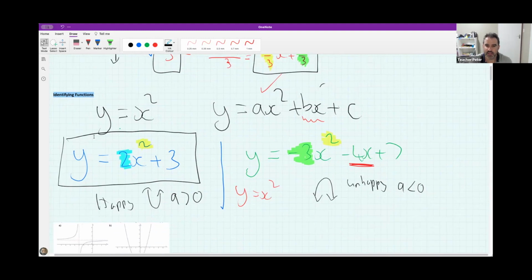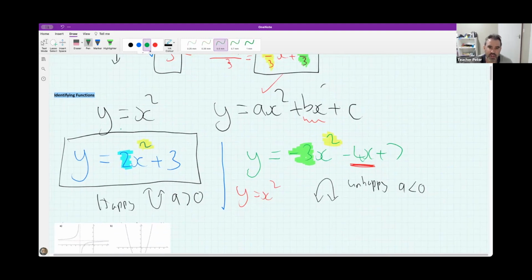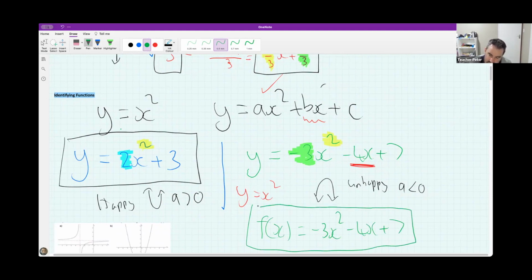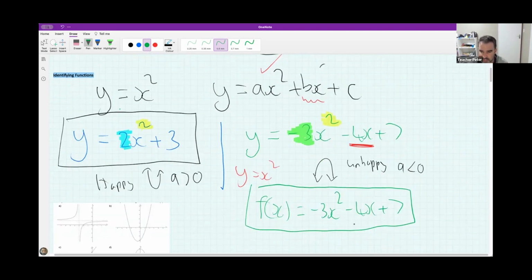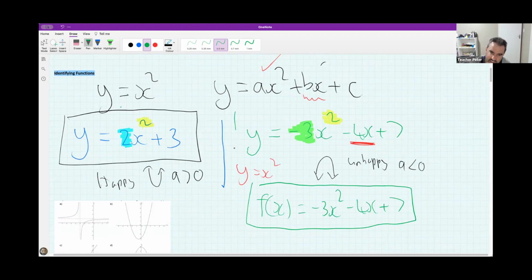Now, something else I want to mention is I could rewrite the green graph like this, and that means exactly the same thing. So that is the graph of f, where f of x is minus 3x squared minus 4x plus 7. This is exactly the same graph as this one, except we call this function notation.